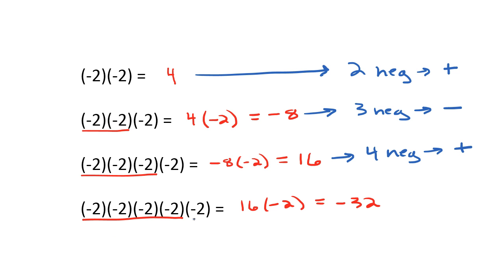And then here I had five negatives, and I got a negative answer. Do you see the pattern that we end up with? It looks like if I have an even number of negatives, my answer will be positive. If I have an odd number of negatives, my answer will be negative.